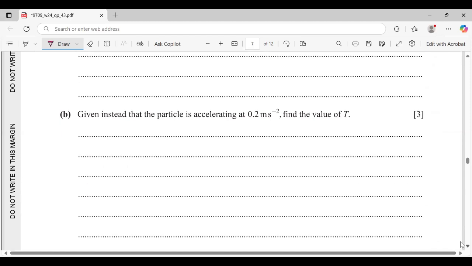A question. Given instead that the particle is accelerating 0.2 meter per second squared, find the value of t.